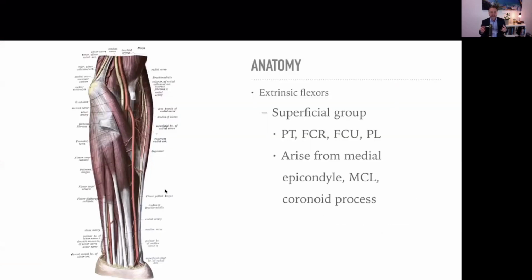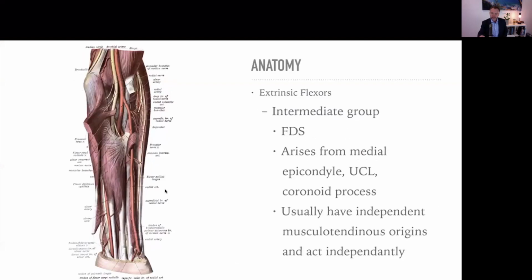So we can't go anywhere without the anatomy, and as I said, we're not going to dwell on this for too long because we'd be here all night, but our flexors are divided into 3 layers. This superficial group here with our pronator, our FCR, our palmaris and FCU in the superficial layer.